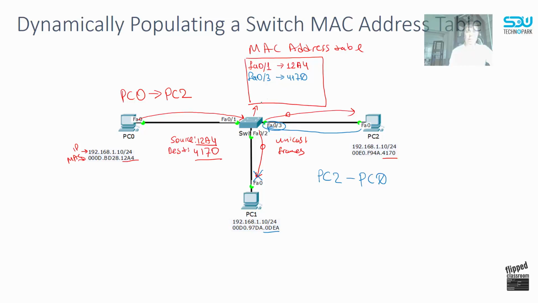So that afterward our frame can be redirected to PC0, because we already have this information, I mean the destination MAC address, which is bound to the FA01 interface port.